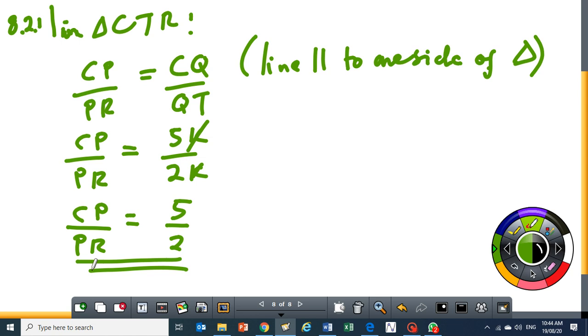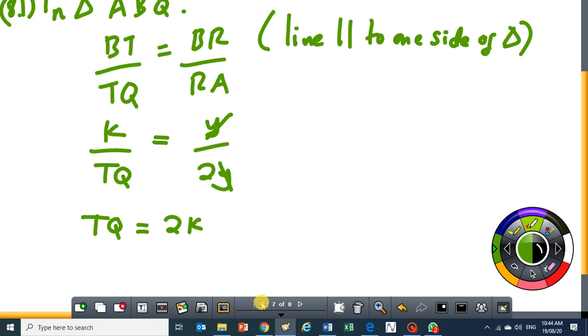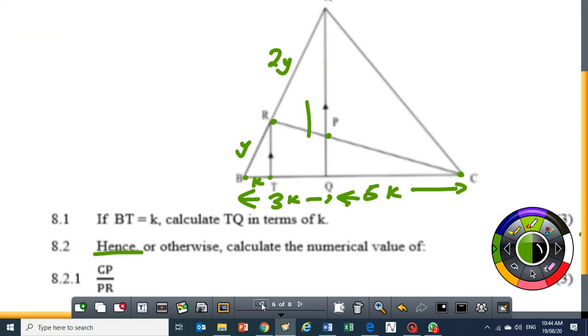Okay. Then the one which you had challenges with. I expect everyone to have done this question, then you are supposed to be marking your work. Okay? Not writing from scratch now. Right.